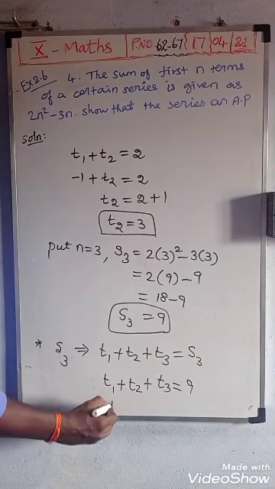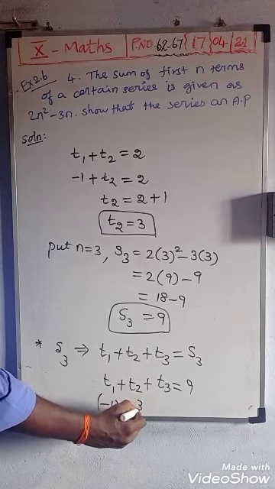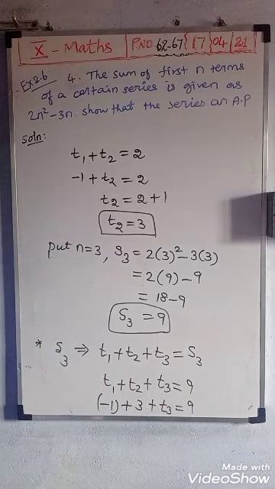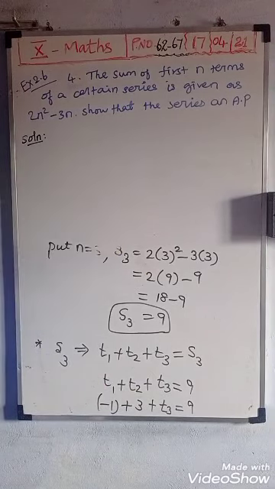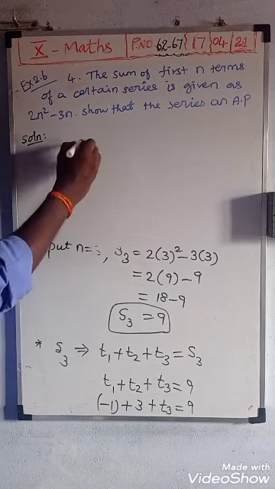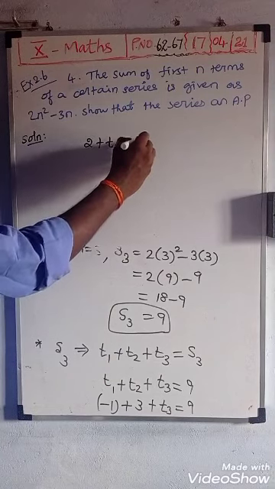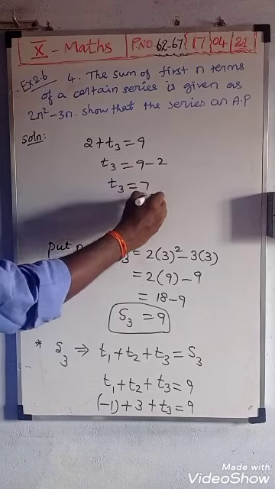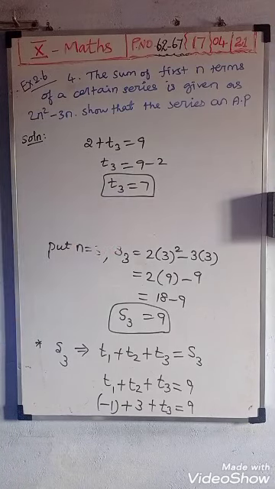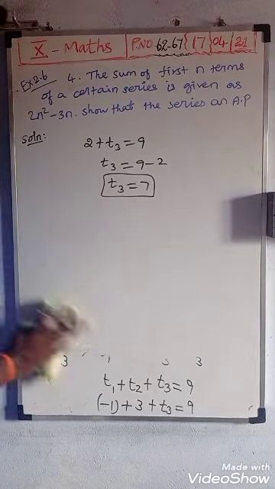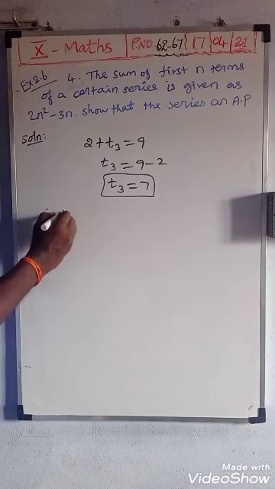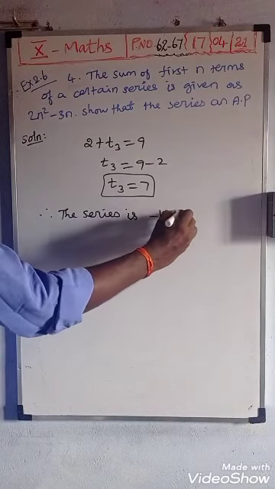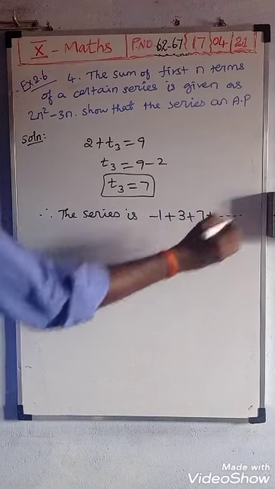T1 is minus 1 and T2 is 3, so minus 1 plus 3 is 2. 2 plus T3 is equal to 9, so T3 is 9 minus 2, which is 7. Like that it will go on. Therefore the series is minus 1 plus 3 plus 7 plus, and so on.